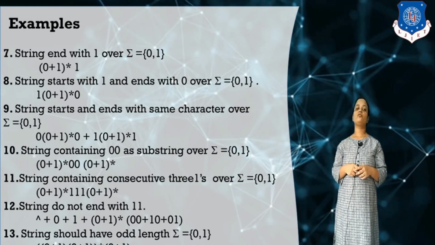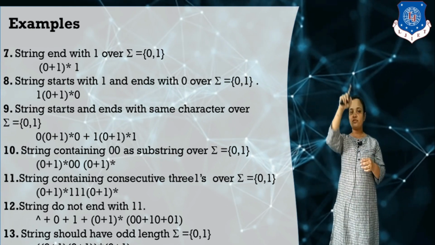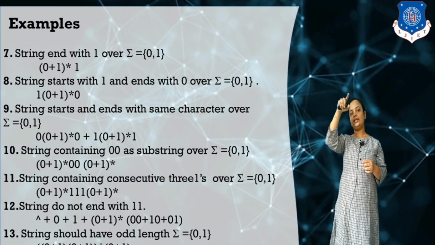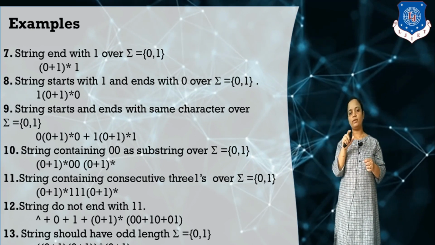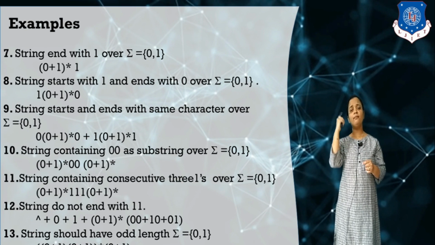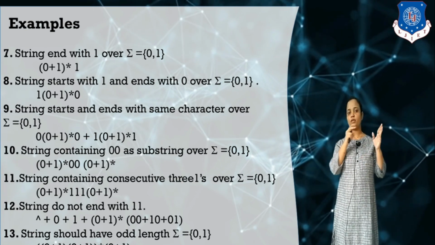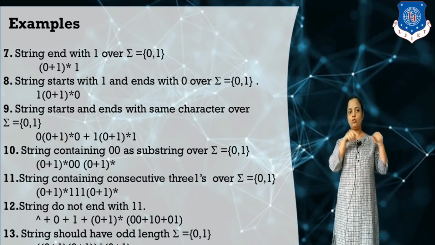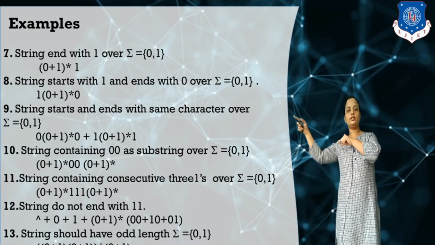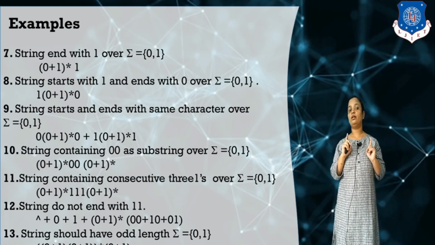Suppose I want to generate 5 zeros. In place of the star I can put 2, so this term is repeated 2 times: (0 plus 1)(0 plus 1) dot (0 plus 1)(0 plus 1), giving 0000, dot single 0. So 5 zeros like this; 5 is a valid odd length.